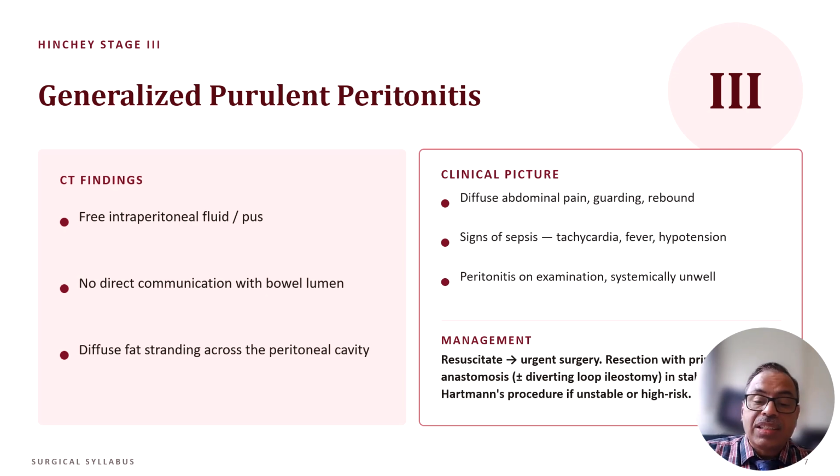If your patient is unstable, then the best procedure to be done is, rather than doing a primary anastomosis, do a quick Hartmann's procedure and plan for a restoration of bowel continuity after 4 to 6 months.